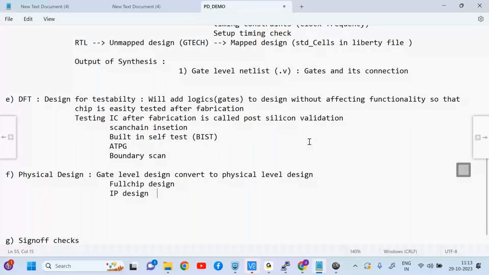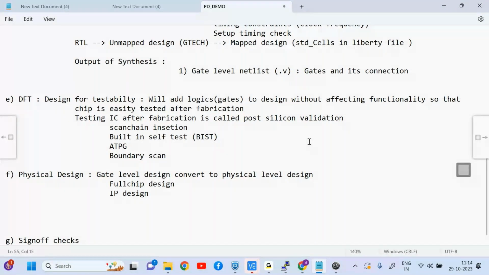See, physical design again has two types: full chip design and IP design. Many engineers will not work on full chip design, but many companies will work on IP design.